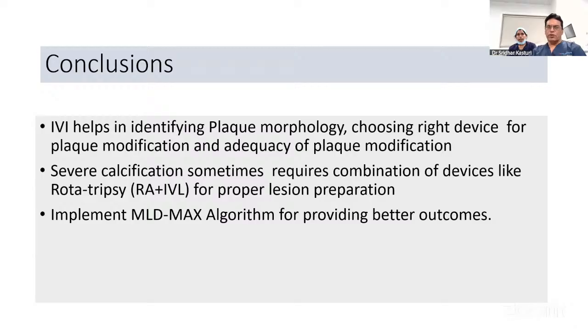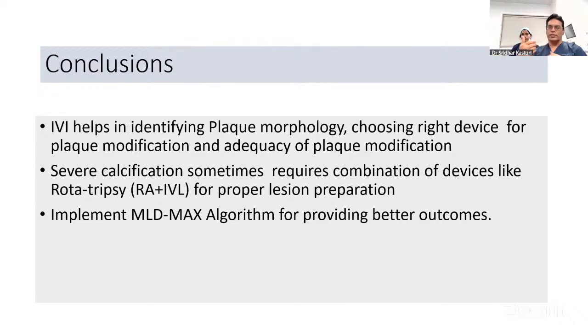And final takeaway points: IVUS helps in identifying the plaque morphology, choosing the right device, and the efficacy of the plaque modification, and whether it is adequately modified or not. And usually, if the calcium is severe, it requires a combination of devices. Rota with IVL or laser with rota combination.